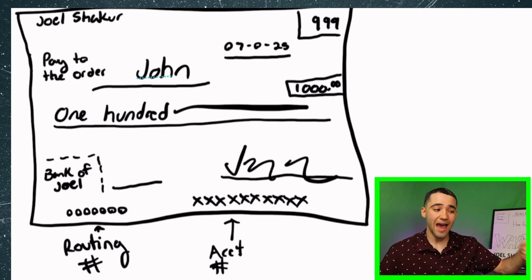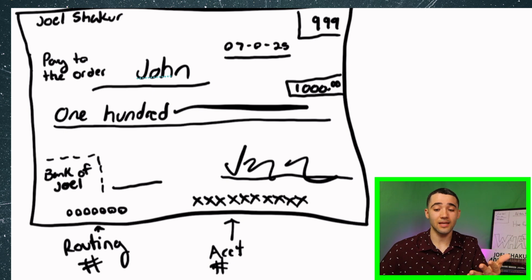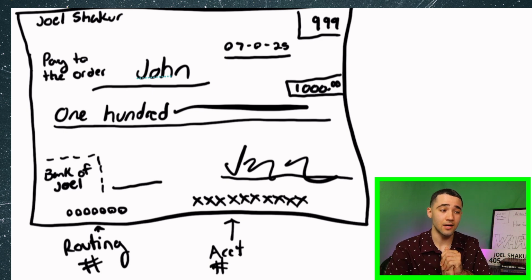And he could try to cash it, or he could deposit it at his bank or cash it at his bank. Usually if you take it to the Bank of Joel, they'll only cash it if you don't have an account there. Because this check is made out for $100. I'm expecting 1,000 and it has the number right there. The bank can only do it for $100. So that's why it's super important. And we just talked about the date.